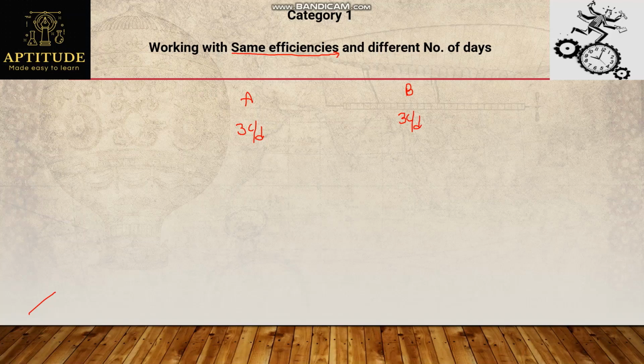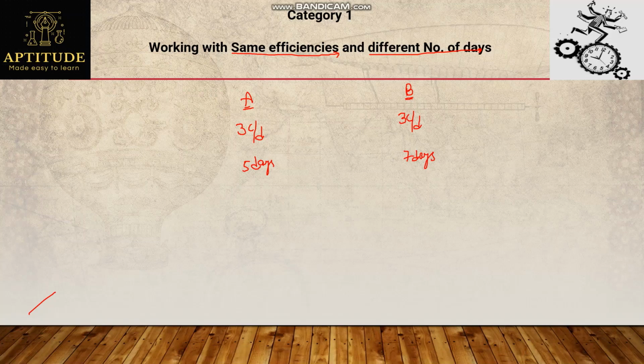But the difference is they work for different number of days. Different number of days means, for example, both of them are performing the same work. They are working on the same piece of work. But here A worked only for 5 days, while B worked for 7 days on the same work.